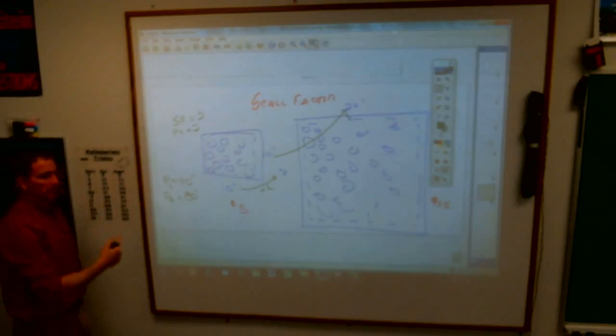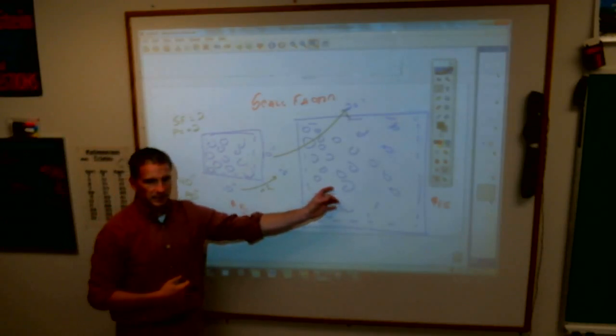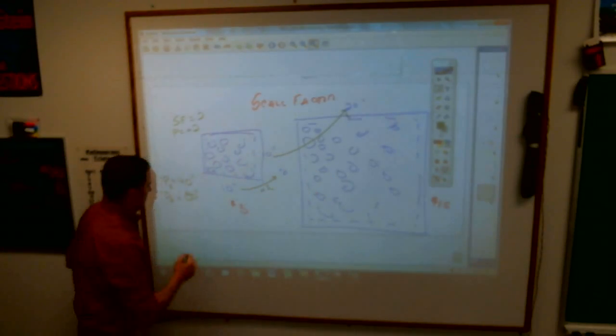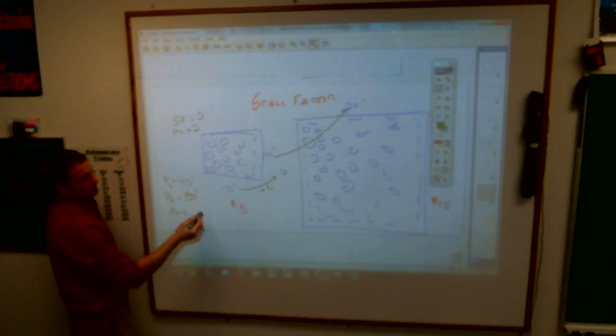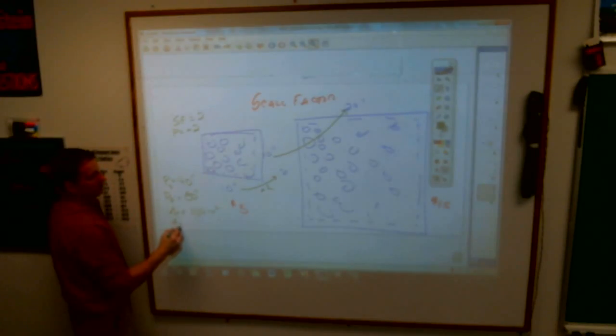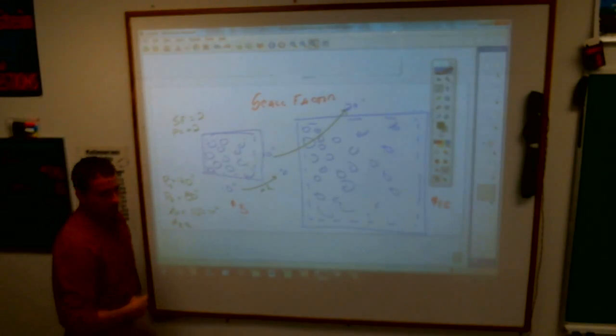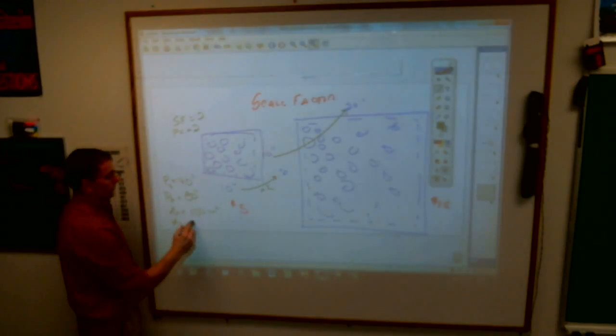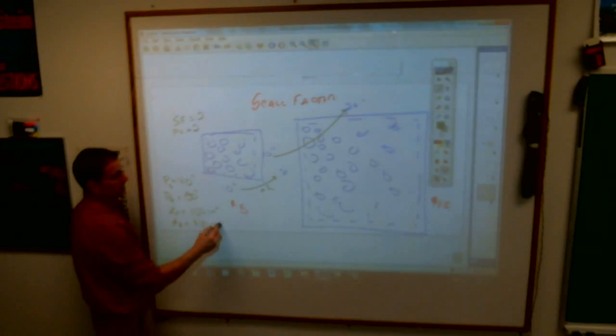How many times bigger is this big pizza than this one? Well, what's the area of the small pizza? 10 times 10 is 100 square inches. The area of the big one is 20 times 20, which is 400 square inches.